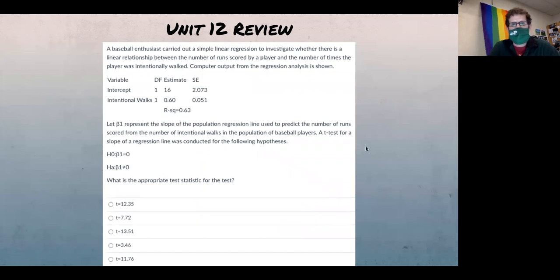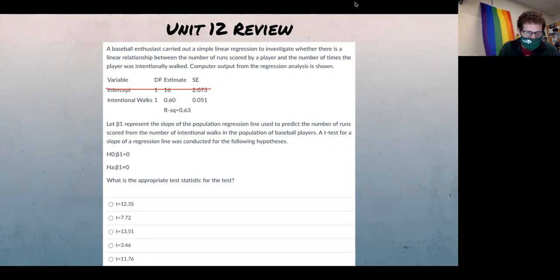Okay, last one. Here we get to do some calculation. With this, it's important to remember that very little by way of calculations is going to be expected of you. You do need to know how to do the calculations, but it's not going to be super complex. And what we have here is the printout, and we never care about the intercept.